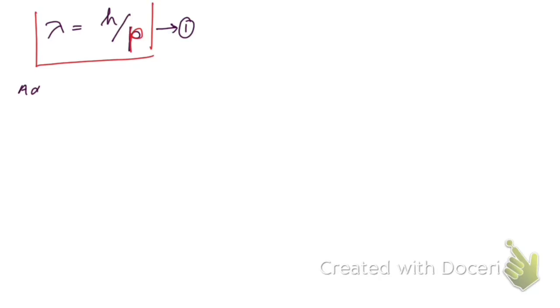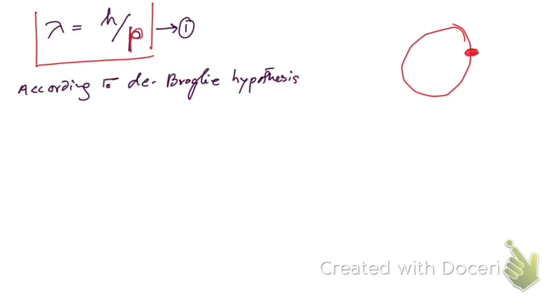According to the Bohr hypothesis, an electron can revolve in an orbit if the wavelength associated with the electron can divide the circumference of the orbit completely.